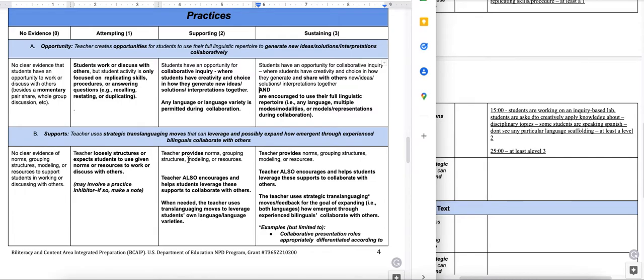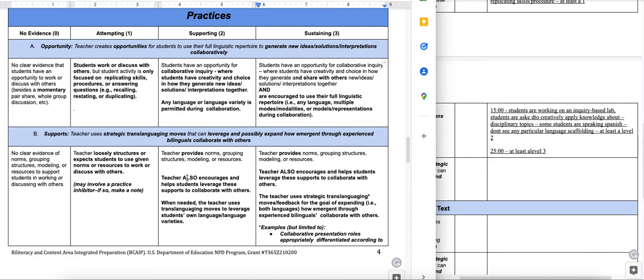So with 2, we're seeing a couple levels of things. You might see the teacher making pretty solid, extensive use of elbow partners, for example, or group roles or something like that.